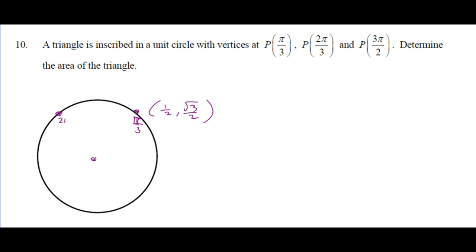So 2 pi over 3, which is a reflection of that, right? So negative 1/2, root 3 over 2. And 3 pi over 2, which is down here. Let's label that in here, 3 pi over 2. And its coordinates are 0, negative 1. And there's a triangle.